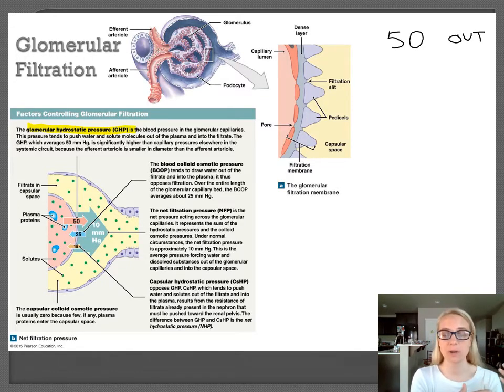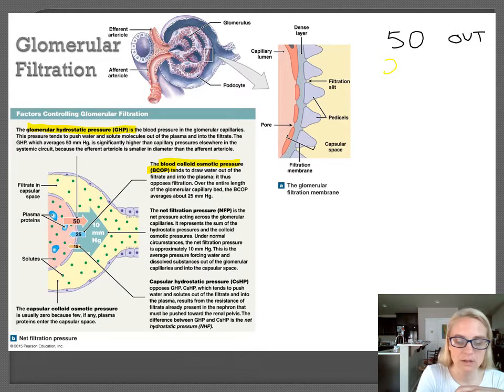Okay, now we have to take a look at some of the things that might oppose that. So just like we had blood colloid osmotic pressure in our peripheral capillaries, we have the same thing here, right? So our BCOP, blood colloid osmotic pressure, is still true because we have those large plasma proteins and all of the albumins inside the capillary that don't get filtered out, and they have that osmotic draw to push things back in.